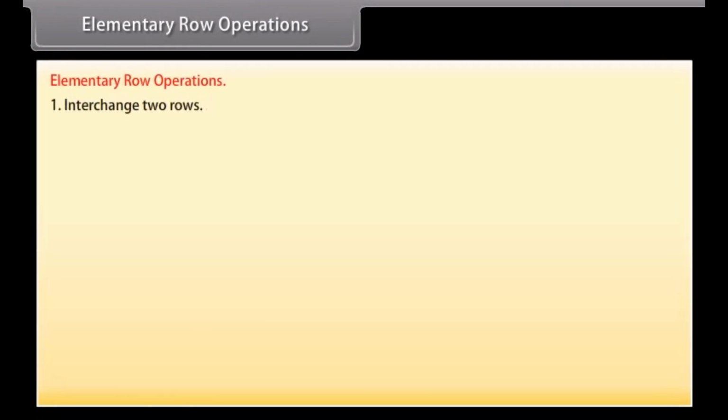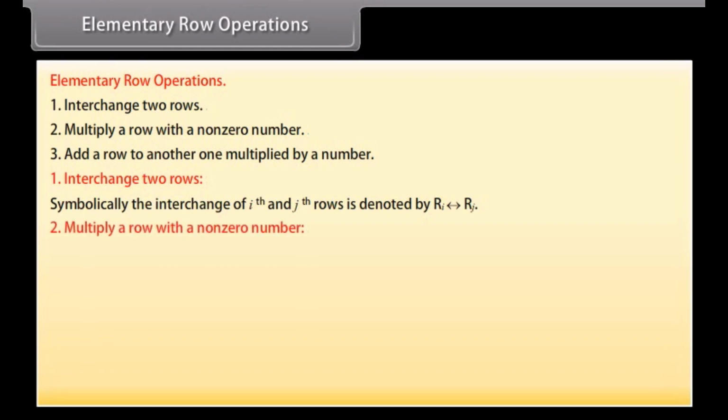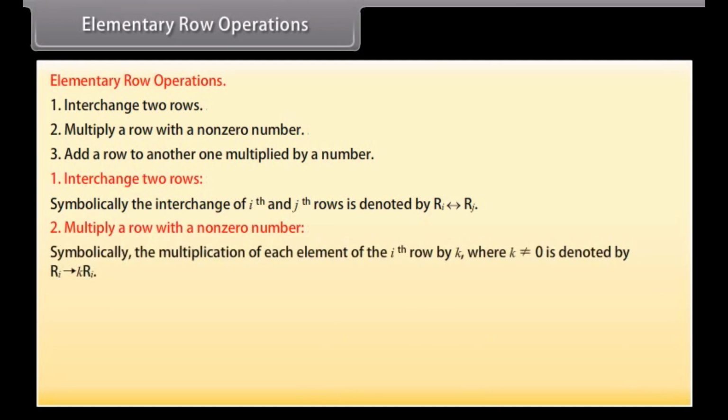Elementary row operations. Let us go through them one by one. Interchange 2 rows. Symbolically, the interchange of ith and jth rows is denoted as given below. Multiply a row with a non-zero number. Symbolically, the multiplication of each element of ith row by k, where k is not equal to 0, is denoted as given below.